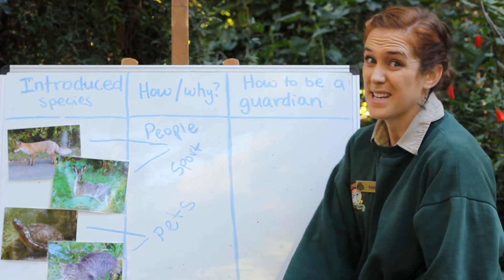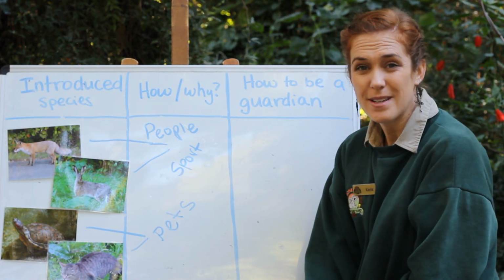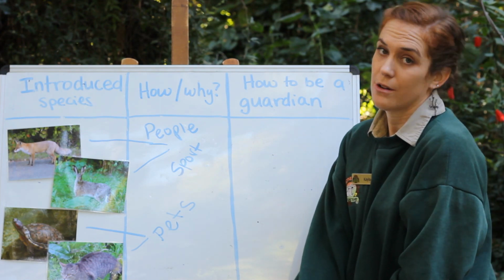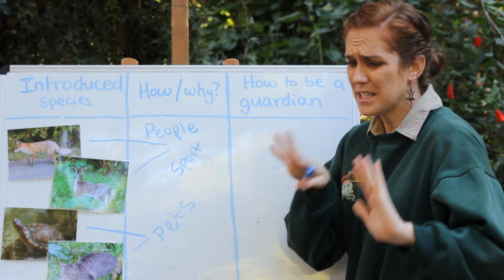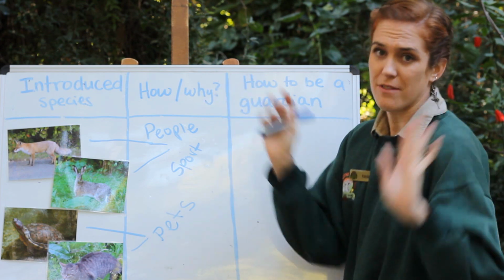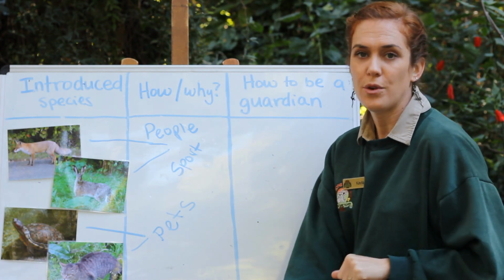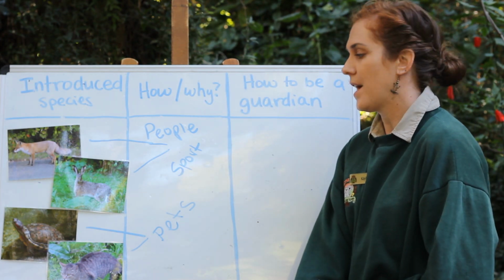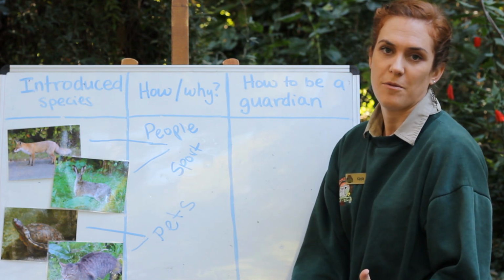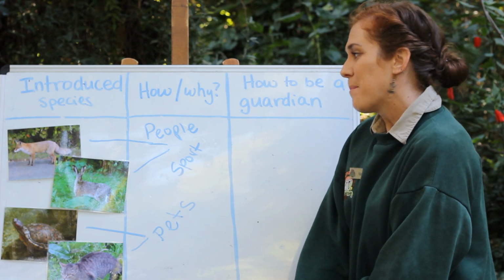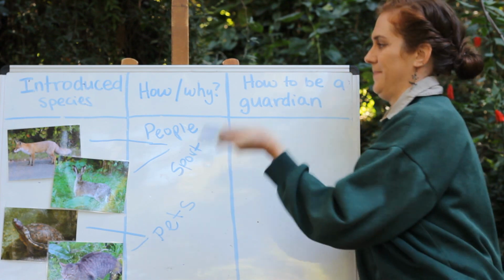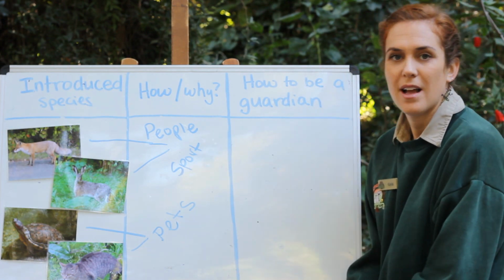They are a very aggressive species of turtle. They're very territorial. If they get into a river or a creek system, they can basically take over and push everything else out, eat all of the food, kick the native turtles out of that creek, and they don't leave anything behind. So that brings us to the question of how we can become a guardian.